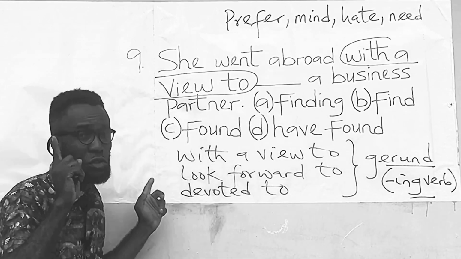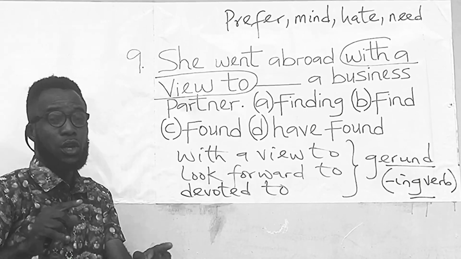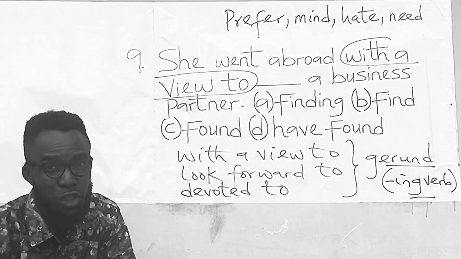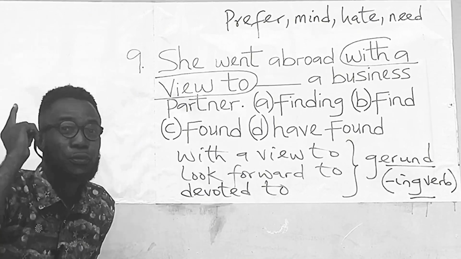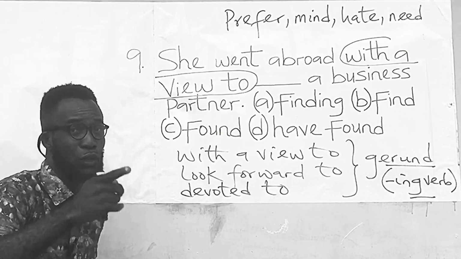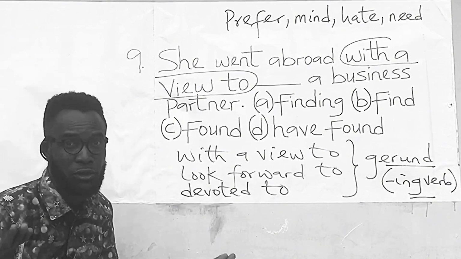In case you don't know, a gerund is a verb that ends with ing, though playing the role of a noun or taking the position of a noun. A verb that ends with ing and plays the role of a noun is what we call a gerund.